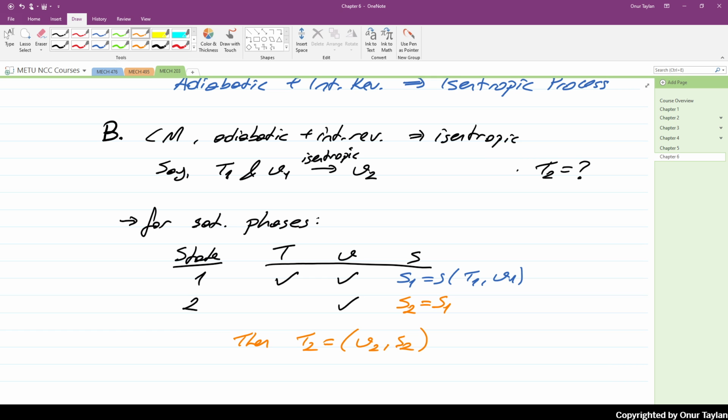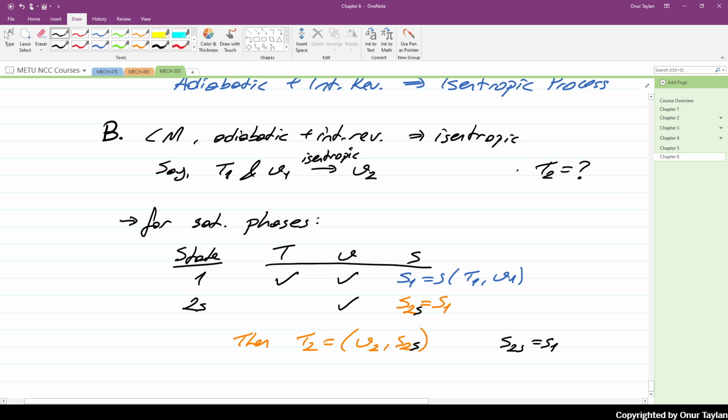Since this process is isentropic, to denote the isentropic state for the final state, we typically put an S for the exit state. We do 2S rather than 2. This indicates that S2S is equal to S1.